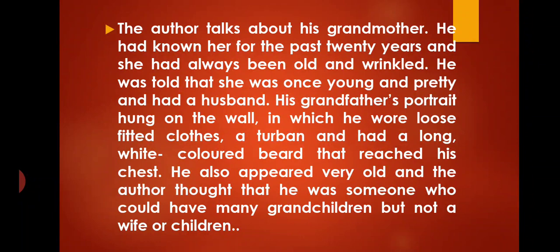Now, this is how, as he was so small, he is thinking about the grandfather. He feels that the grandfather only had grandchildren, but he is not able to think that he had a wife and children too. So this is the funny way he is talking about his childhood memories about the grandfather.